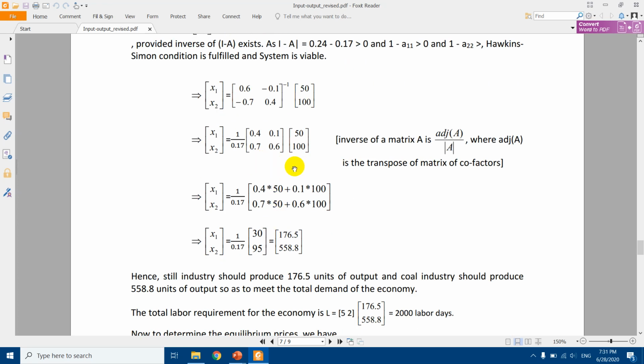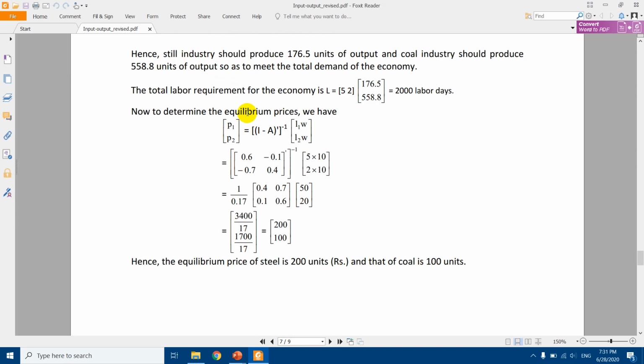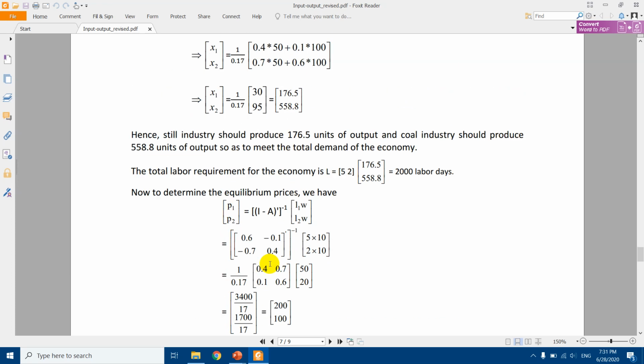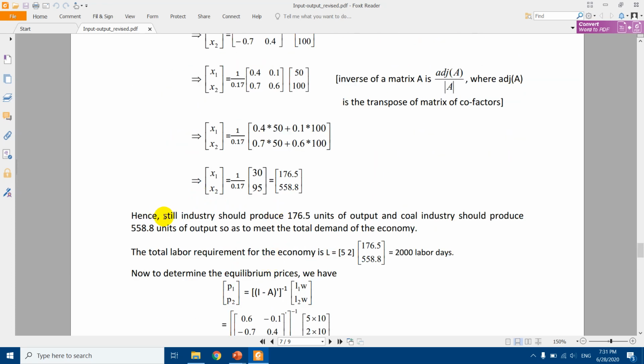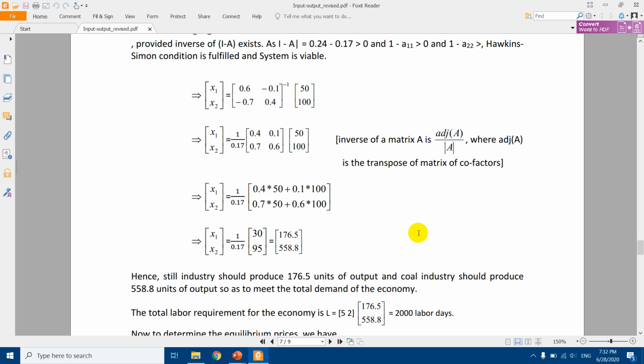So you can look at this solution, and finally our answer is that the steel industry should produce 176.5 units of output and the coal industry should produce 55.8 units of output so as to meet the total demand of the economy.